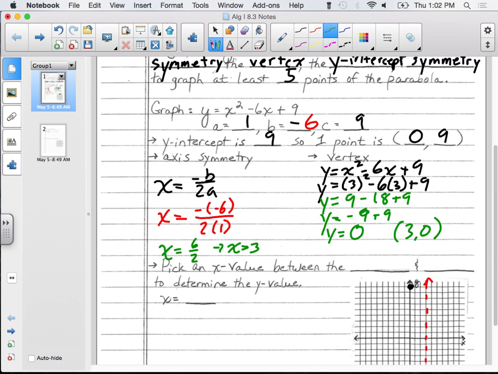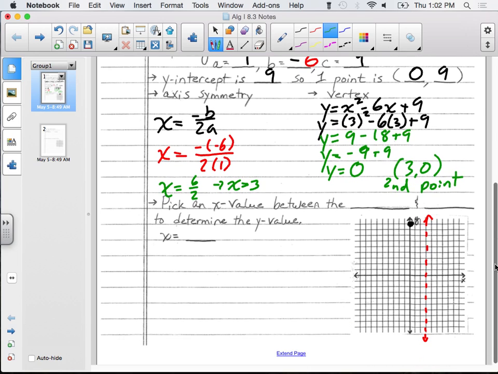So if you look up here, our y-intercept, that was our first point. The vertex that we found right now, this is our second point. So if we go down to our graph, our vertex is 3, 0, so we go over 3, it's going to be right there.